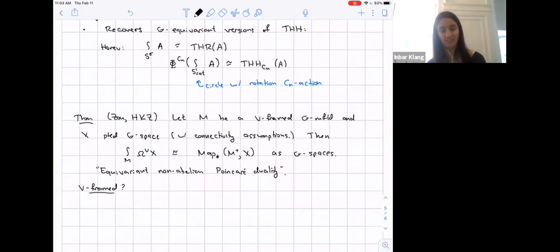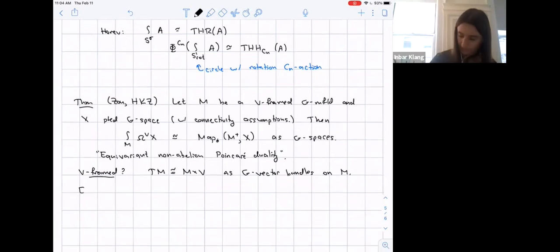This is a particular equivariant version of being parallelizable. This means that the tangent bundle of M is isomorphic to M cross V as G vector bundles on M.